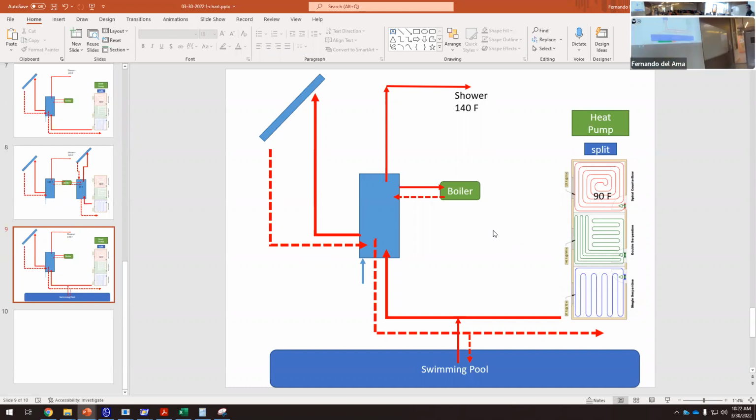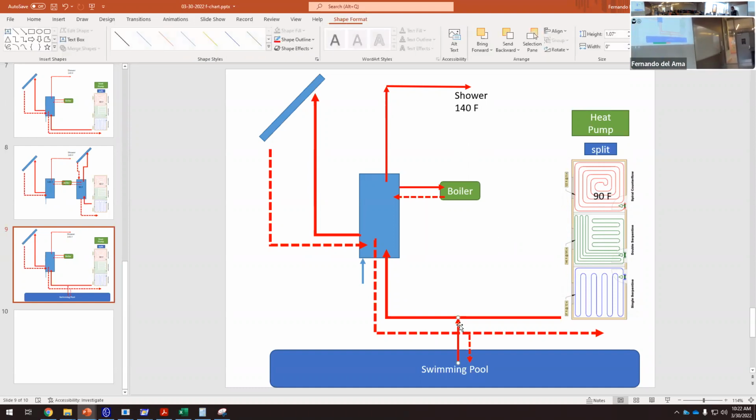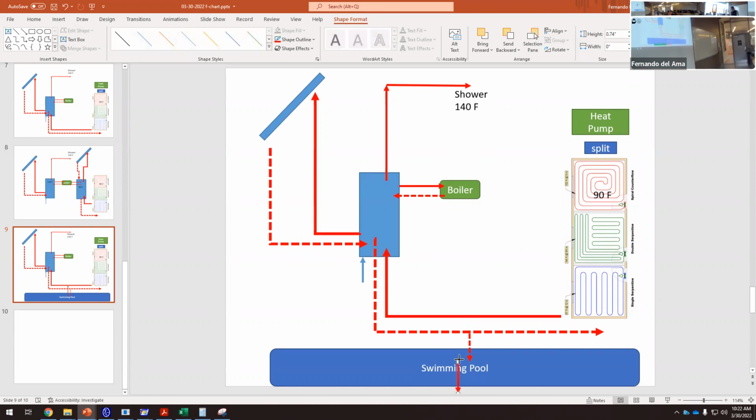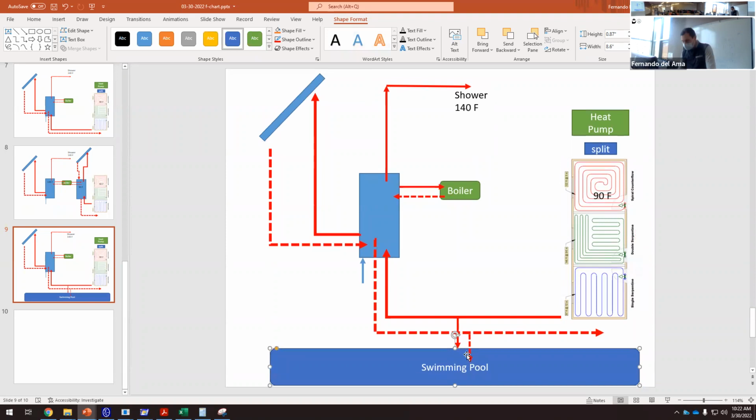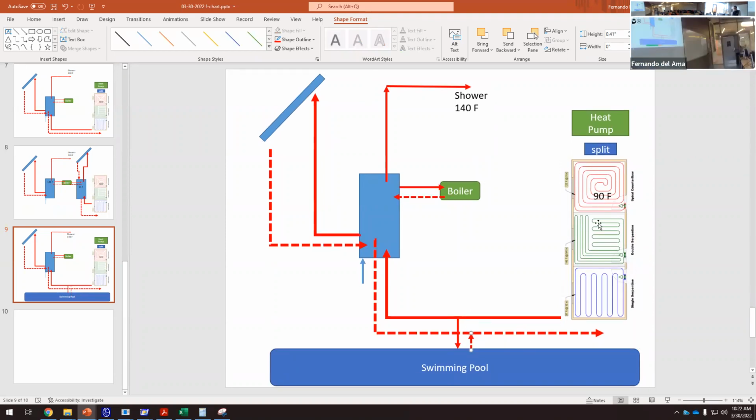I think that the arrows are the other way around. There you go. Okay, so in summer, now it was good.